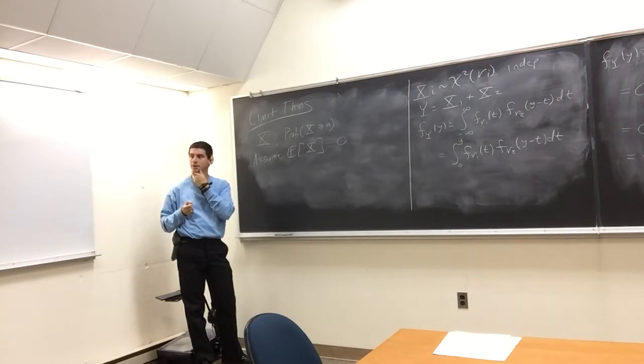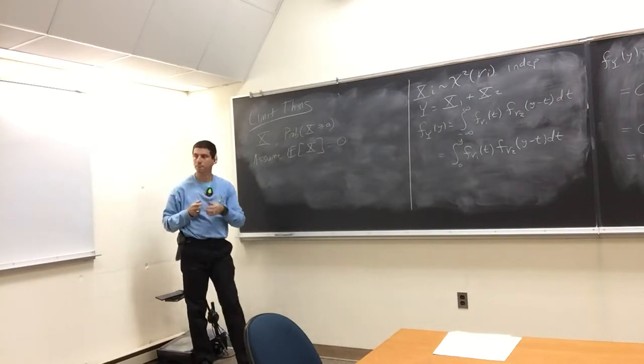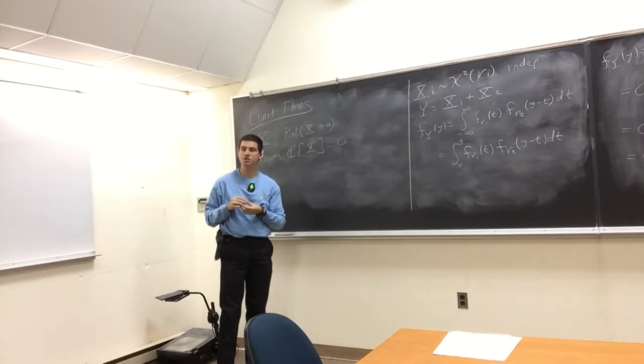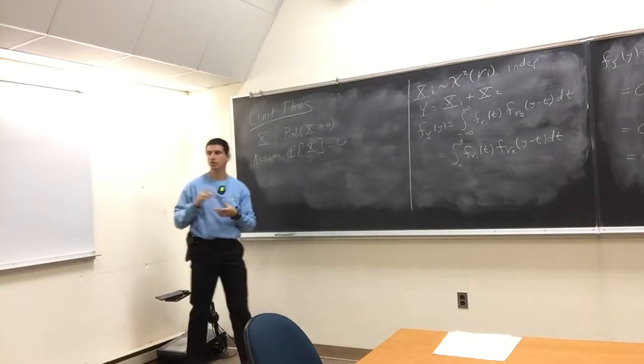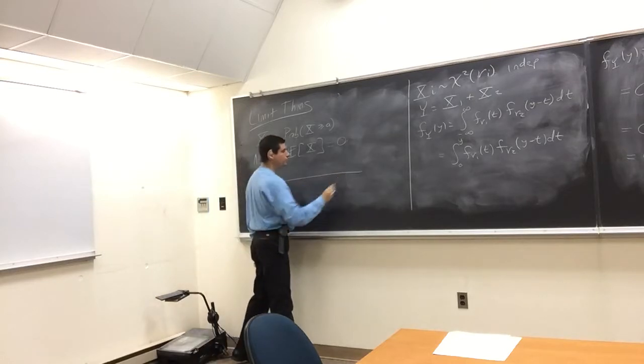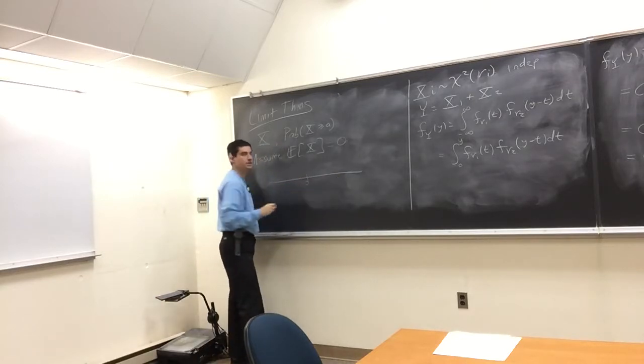Yes? If a is less than 0, we know it's between 0 and 1. And if it's greater than 0, we don't know, the distribution isn't symmetric. Oh, right. So if we knew it was symmetric, that would be very different. So always look at extreme cases. Here's the mean.